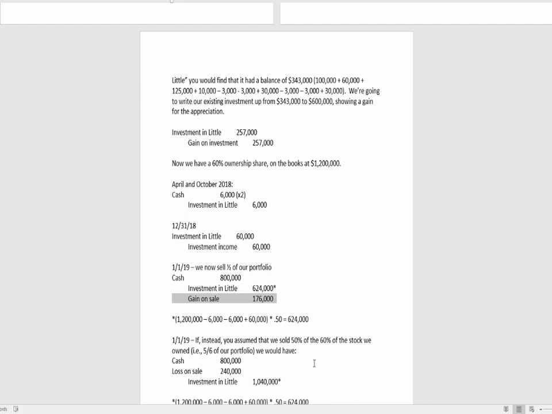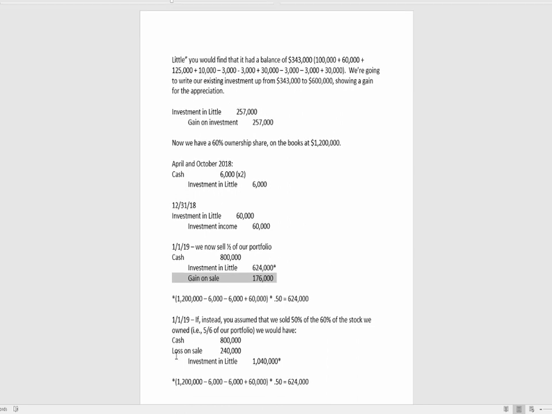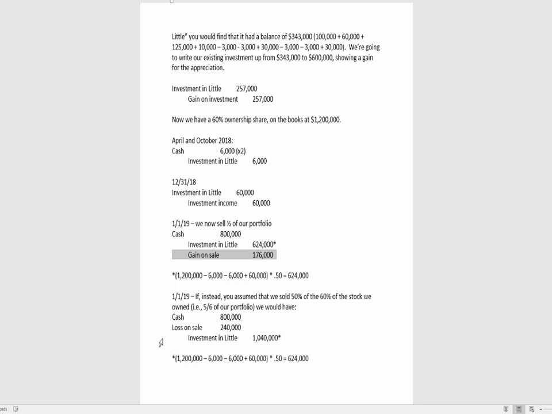If alternatively, and again, the question could have been interpreted either way, if instead you assume that we sold 50% of the 60% of the stock we own, in other words, if we sold 5/6 of our portfolio, then obviously the credit to the investment in Little would be different.